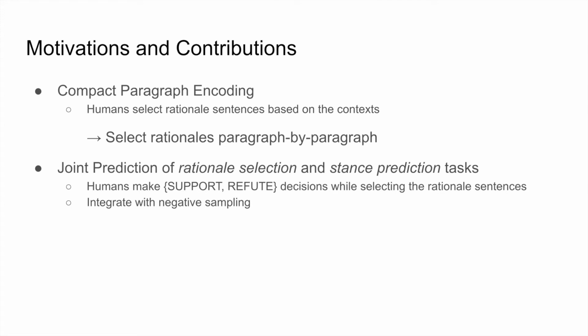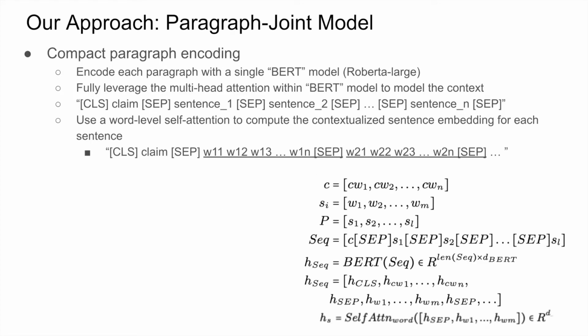Therefore, we design our model to select rationales paragraph by paragraph. The other point is that humans usually make support or refute decisions while selecting the rationale sentences. We design our model to perform rationale selection and the stance prediction task jointly by integrating the technique of negative sampling.